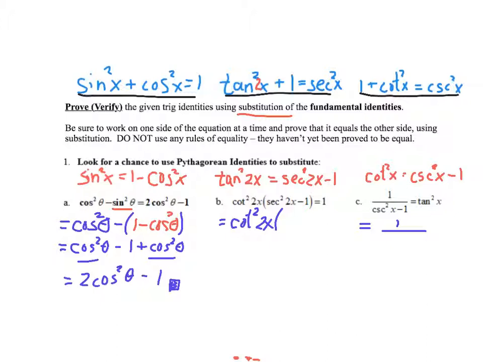Instead of tan squared x plus 1, instead of the x, you're going to have a 2x. So I adapted the formula here. I got the tan squared by itself because in this problem we have secant squared of 2x minus 1, and we want to get rid of that and put in a tangent squared. So that's what we're going to do. We're going to put in tangent squared of 2x.